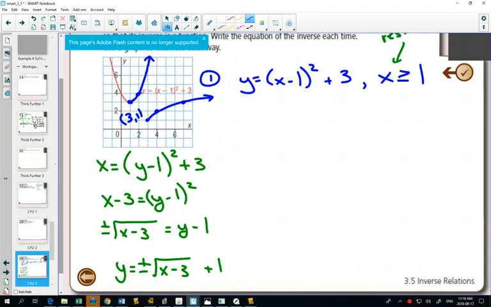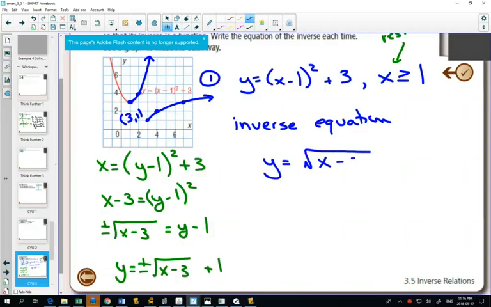So we could draw a picture. Does that picture look like a negative square root graph or a positive square root graph? So the inverse equation using the graph would be the positive one.